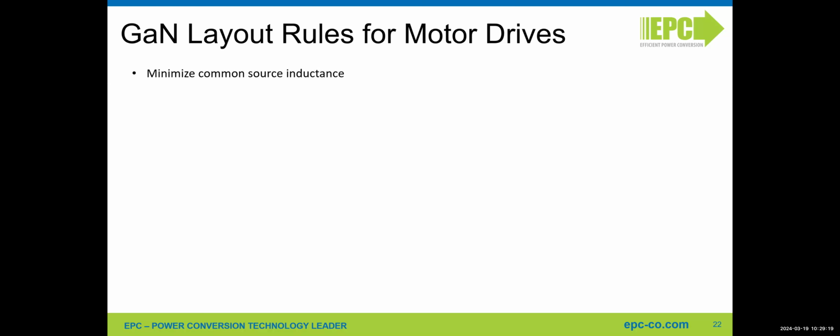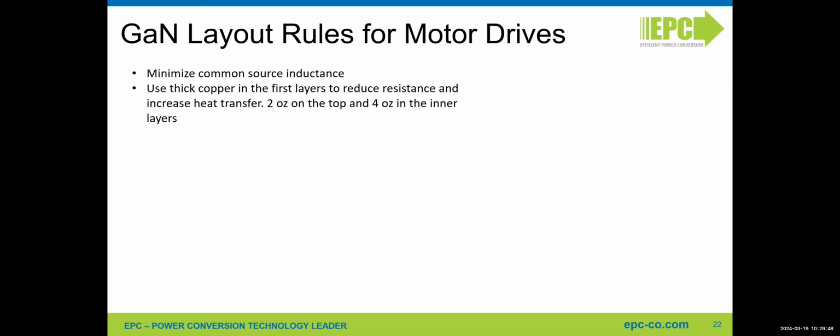Since GaN-FET transistors have a very low threshold compared to power MOSFETs, the typical threshold of a GaN-FET transistor is 1.5 volts. And considering that the typical gate voltage for the GaN-FET is 5 volts, it's better to minimize the common source inductance to reduce the dissipated power.